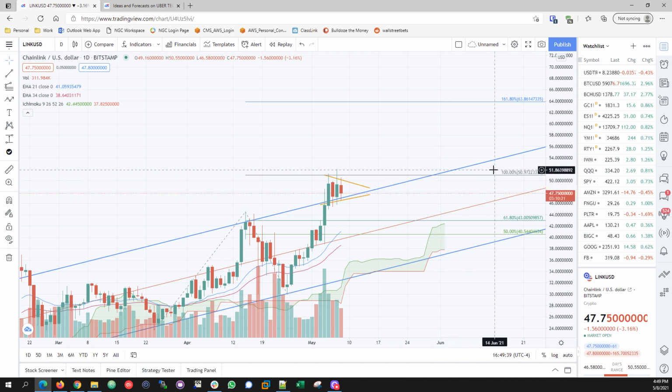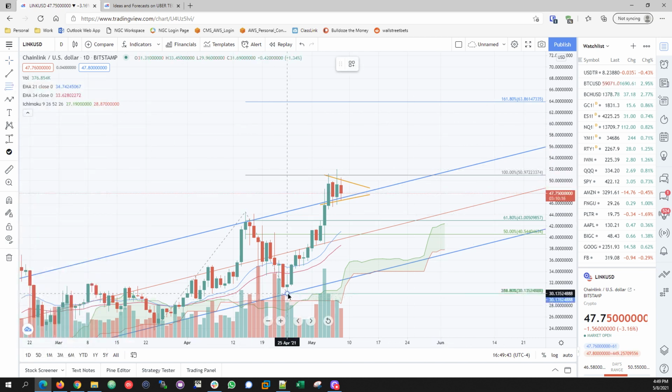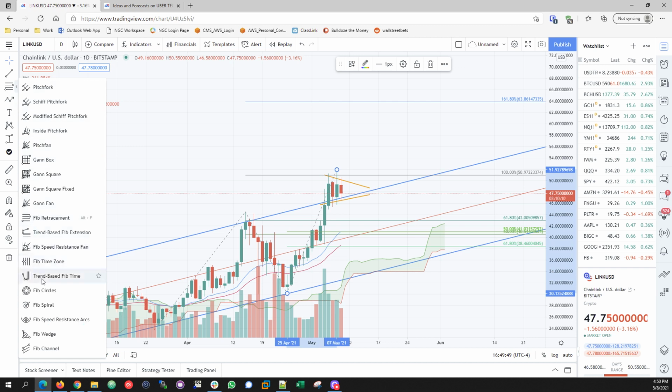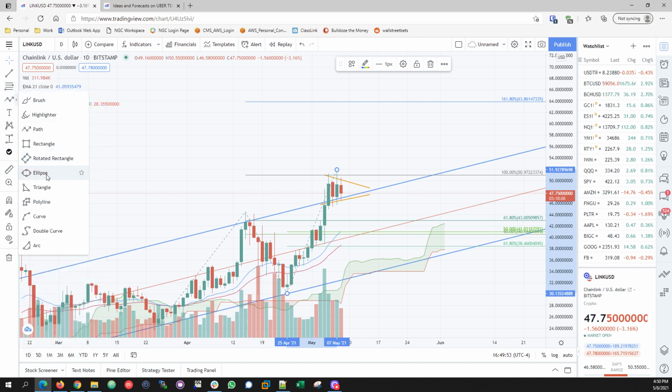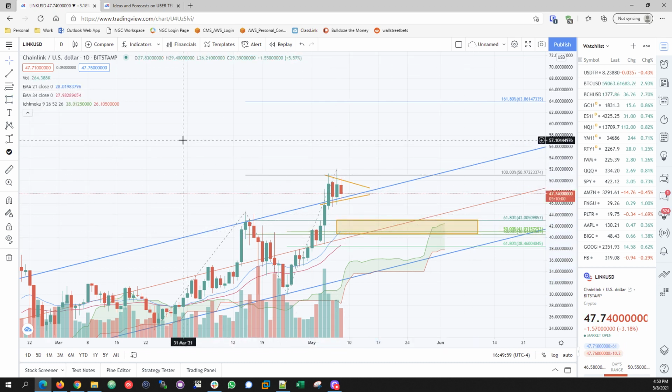We might be a little late in the game, and we might want to look for a bounce. And that bounce, my buying point will be, I can tell you that really quick, in this zone right here. Okay, that's where my buying point will be.